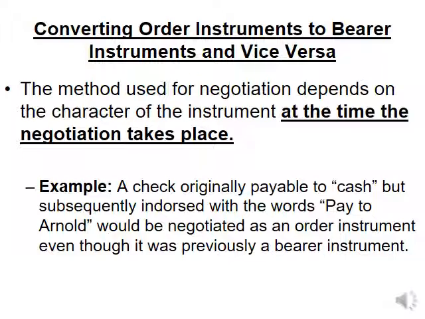But if it's endorsed on the back pay to Arnold, that would actually be an order instrument because it's called a special endorsement. Paid to Arnold is a special endorsement, and a special endorsement, if that's the only or last endorsement, is an order. So you can change a bearer instrument to an order instrument by using a special endorsement on the back of that instrument.